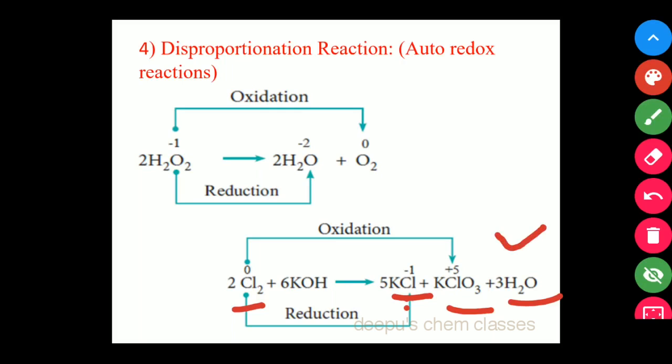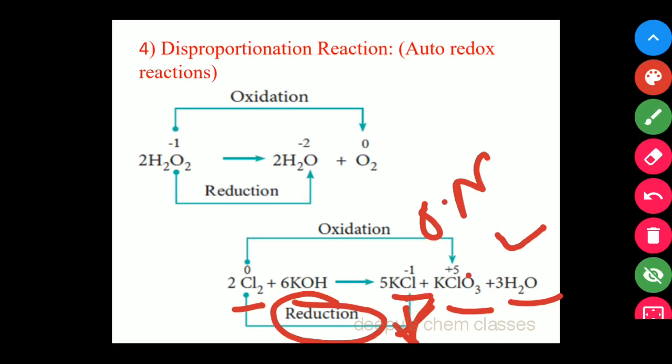So 0 to -1 oxidation number decreases, so it indicates reduction. 0 to +5 oxidation number increases, it shows oxidation. So the same element chlorine undergoes both reduction and oxidation by showing changes in oxidation number. I mean, by forming potassium chloride, the oxidation number gets decreased. By forming potassium chlorate, the oxidation number increases. Okay.